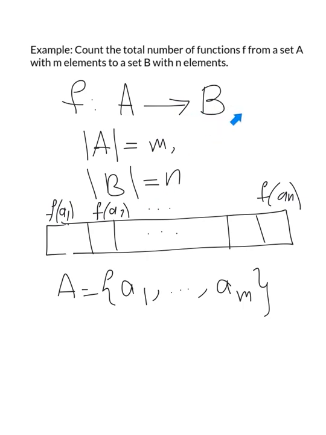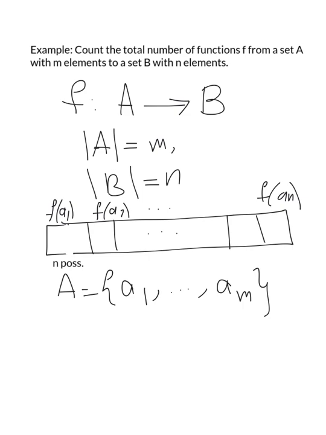B has n elements, and so any function f can map A1 to any one of the n elements of B. Well, there's no restriction on it, so this cell has n possibilities.